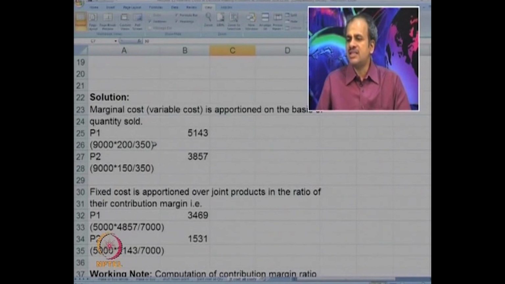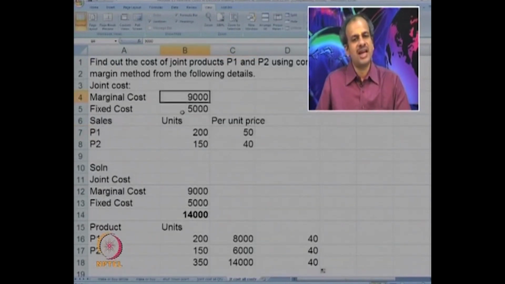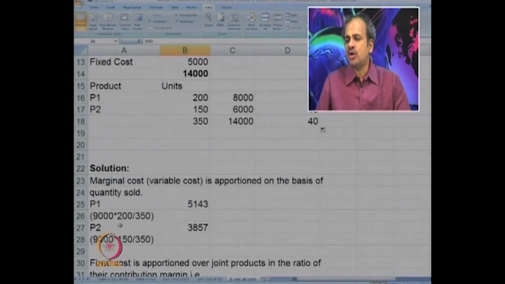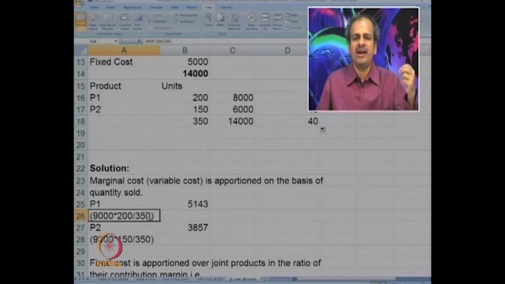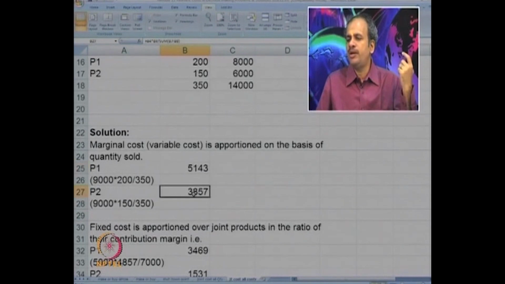Here you can see marginal cost was 9 and fixed cost was 5. So, marginal cost is charged on the basis of number of units, which is 200 and 150. So, it is more a raw material cost. So, 9,000 we have divided as 200 by 350. So, you get 5,143 and for P2 you get 3,857, right.